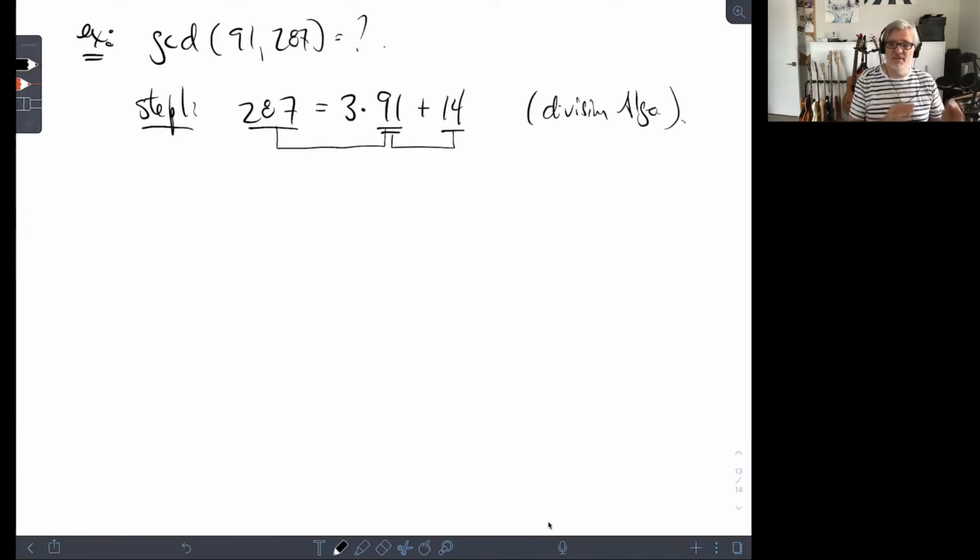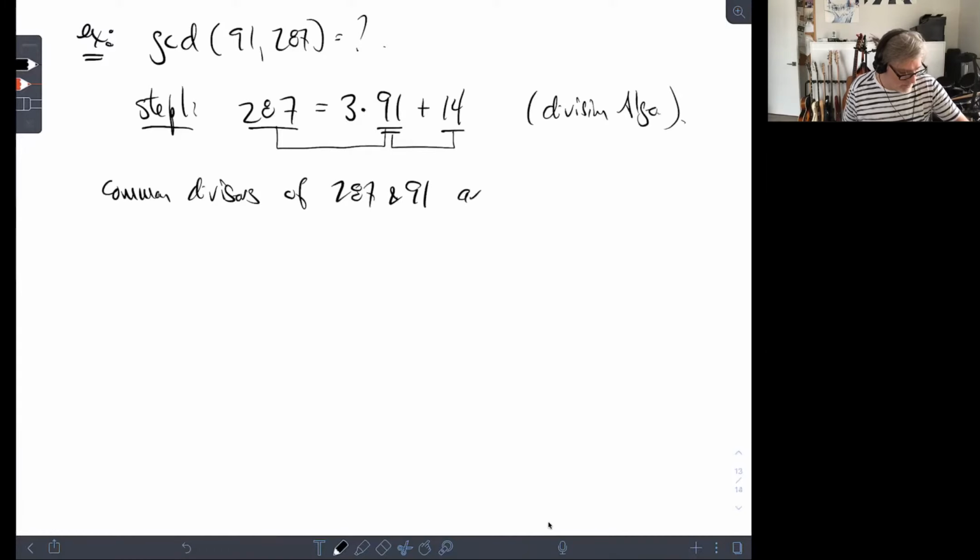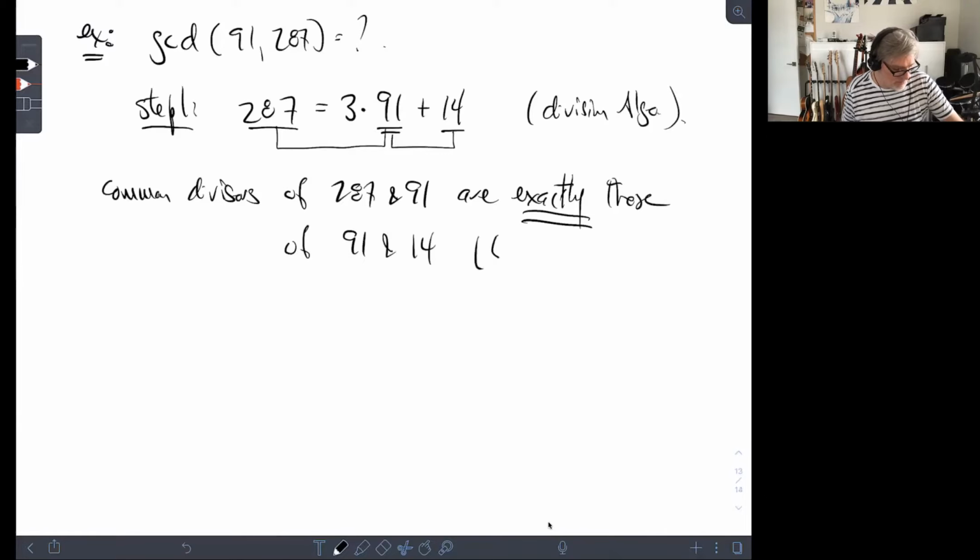They have exactly the same set of common divisors. So the common divisors of 287 and 91 are exactly those of 91 and 14 by the last lemma.